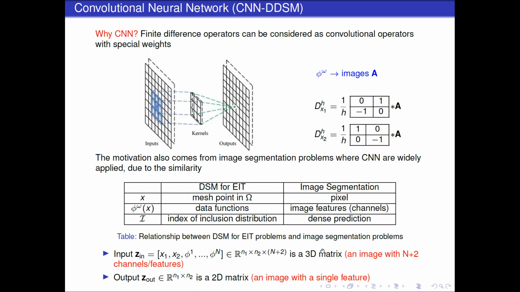So it is a huge 3D matrix, and the output is a 2D matrix representing the entire distribution. This is indeed a little bit more complicated than segmentation, and this is only for the 2D reconstruction. For the 3D reconstruction, everything should be increased by one.